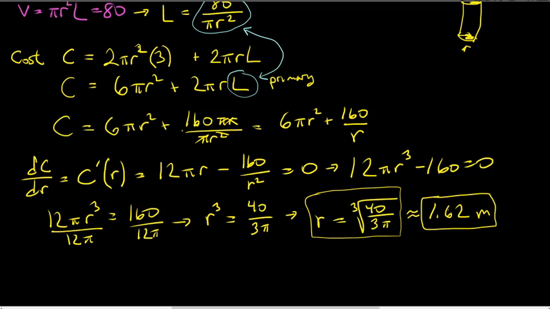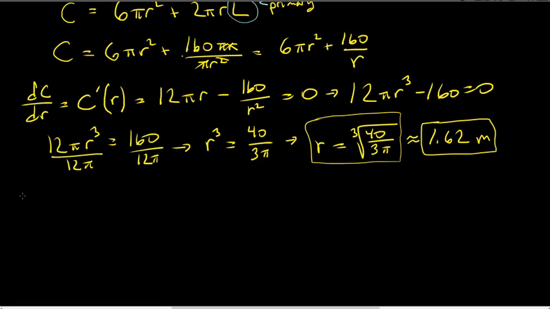I don't know. But 1.62 is what you should get, rounded to 2 decimal places. Okay. And so we're rounding to the nearest cent for the cost function. Anyways, you can plug that into the cost function at this point, and that gives you the minimum cost.